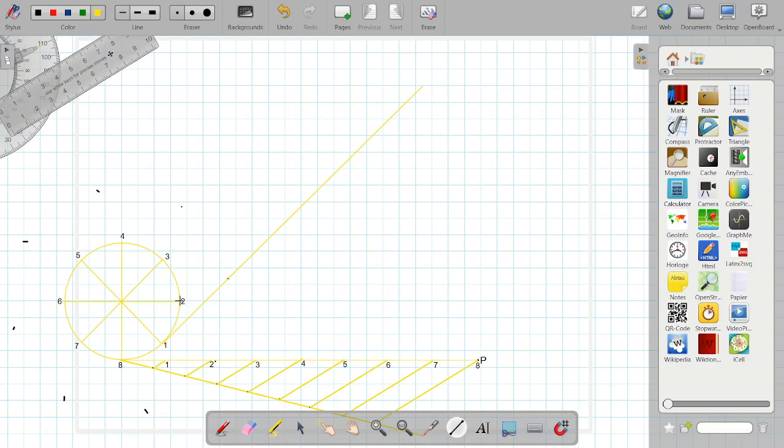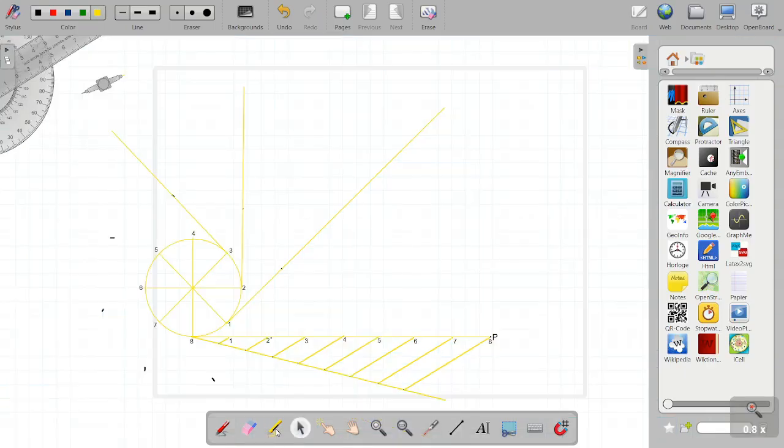This is tangent from point 1, then tangent from point 2, tangent from point 3, then tangent from point 4, tangent from point 5, tangent from point 6, tangent from point 7, and finally tangent from point 8, which is already there.